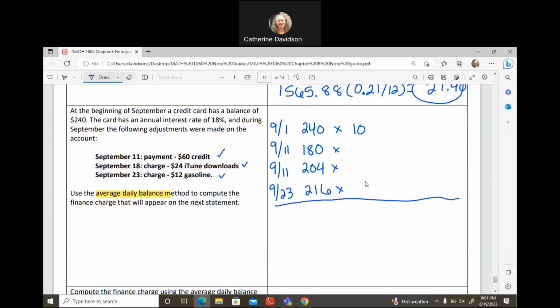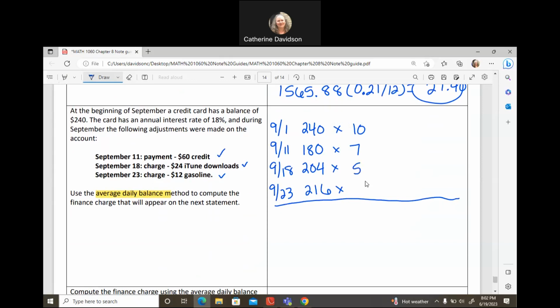And then the 11th through the 18th, someone probably already caught this, doesn't include the 18th, it's only through the 17th. So if you were to count that on your fingers, 11 through 17, that's going to be 7 days. From the 18th to the 23rd, that should be 5.